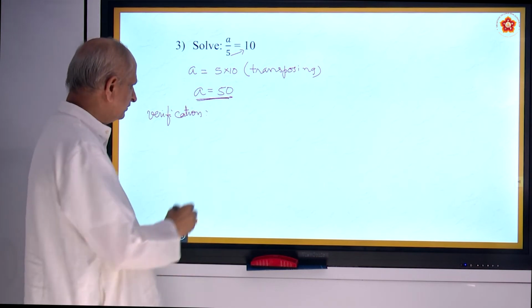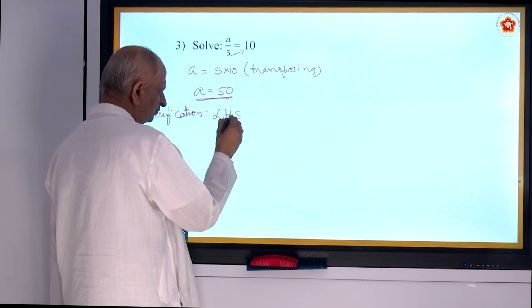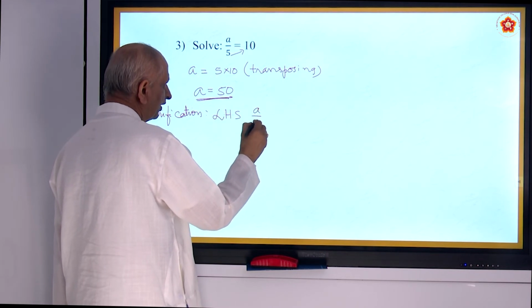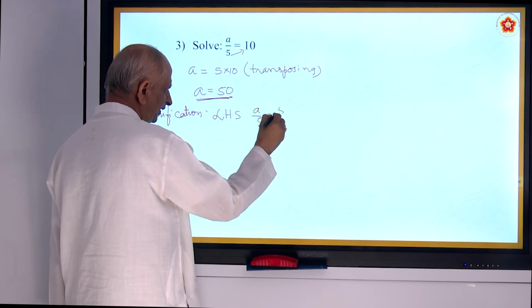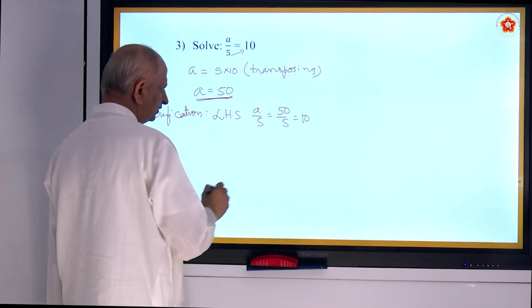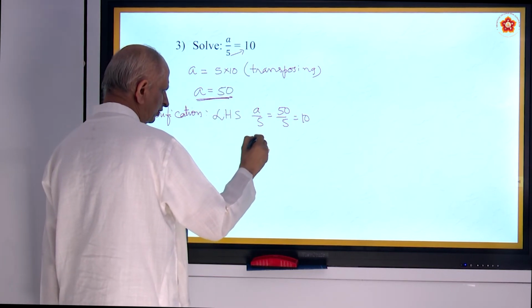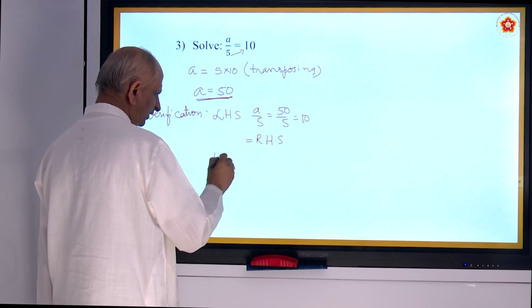Take left hand side. What do you have on the left hand side? You have a by 5. A is 50. 50 by 5 is equal to 10. So that is the answer given on the right hand side. So left hand side is equal to right hand side.